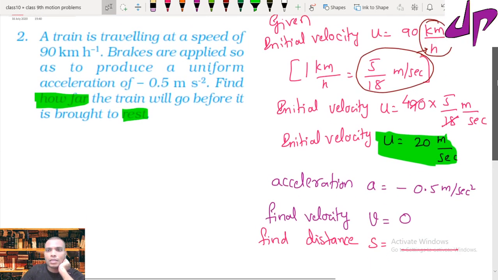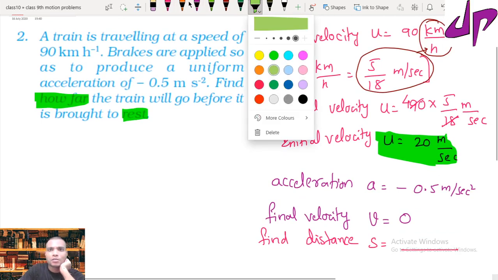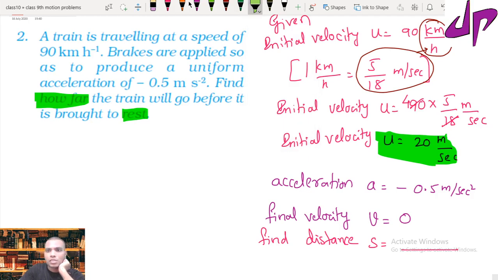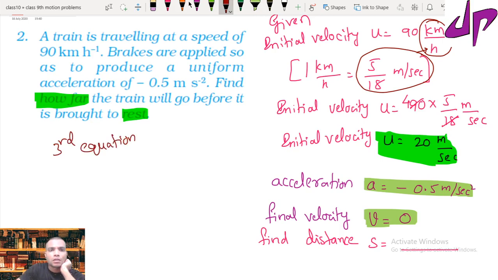So when we have these three values, depending upon the three values, I can select my equation of motion. So u is initial velocity, a is acceleration and v is final velocity. I need to find s. So by using the third equation of motion, v square minus u square equals 2as.